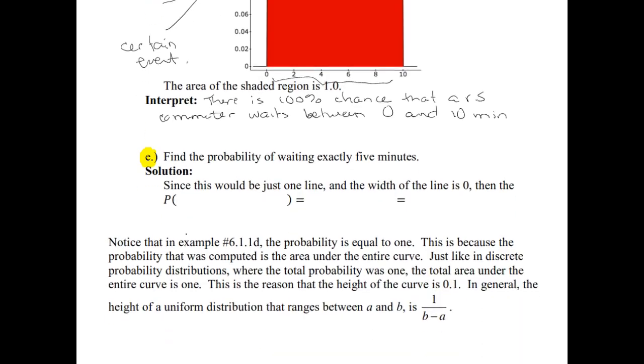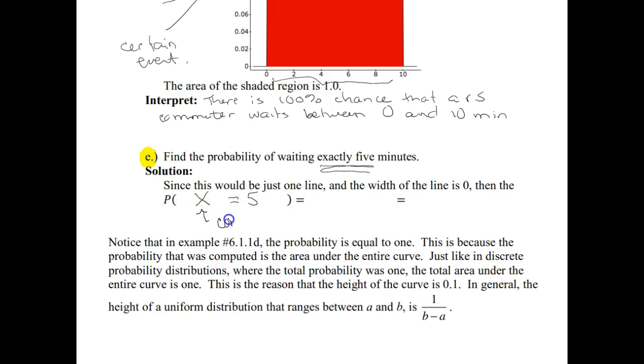All right, now part E, we want to find the probability that you have to wait exactly 5 minutes. Okay? So back in chapter 5, when we were dealing with the binomial distribution, when we wanted x to be exactly a number, we used binom PDF because we had a discrete distribution. X only took on whole numbers, and each of those whole numbers had attached to it a certain probability. Okay, but now we're dealing with a continuous random variable. So we want the probability that x equals 5.